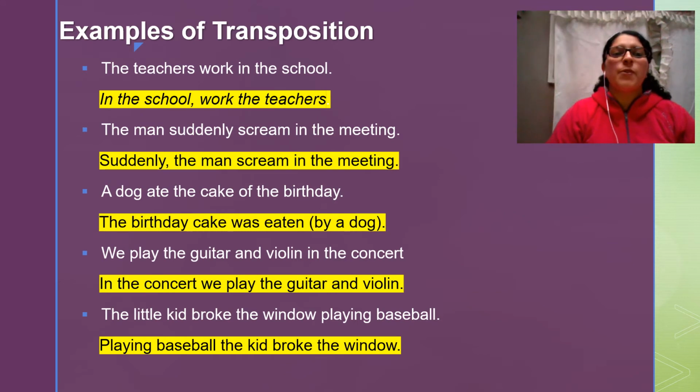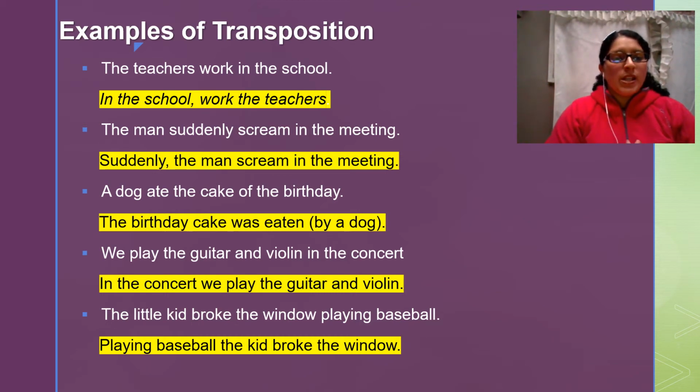For example, the teacher works in the school. The sentence with transposition says, in the school works the teacher. The next sentence, the man suddenly screamed in the meeting.